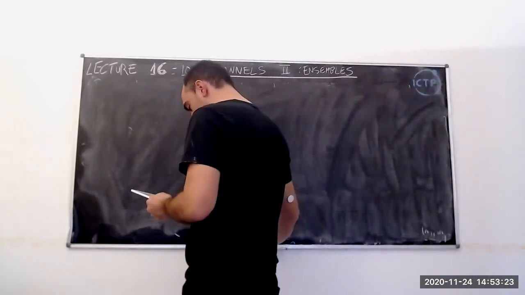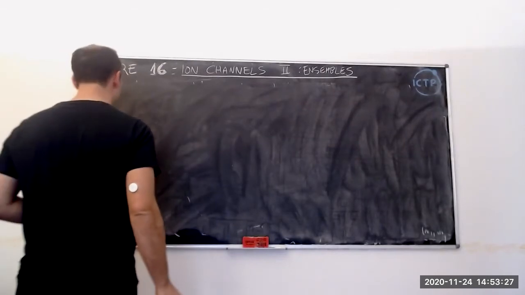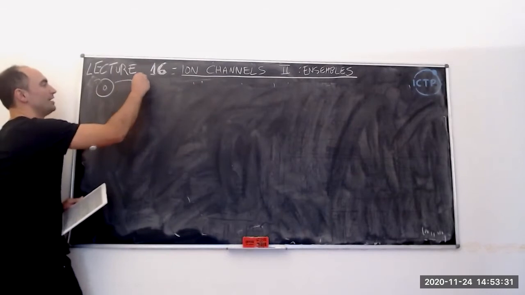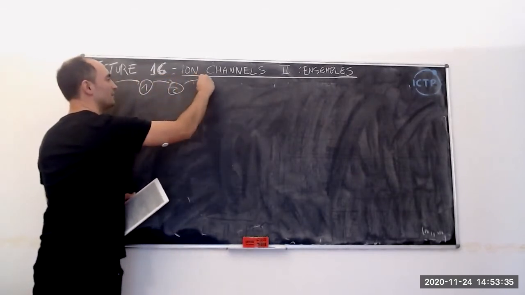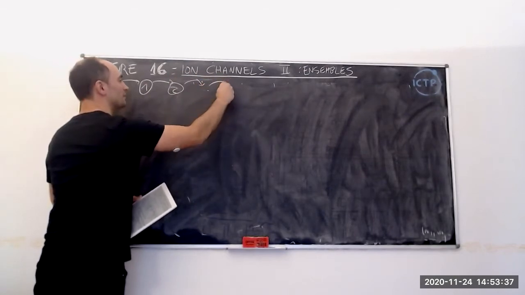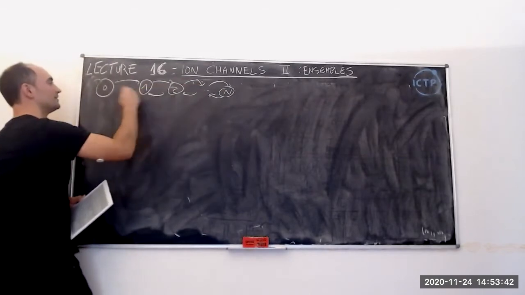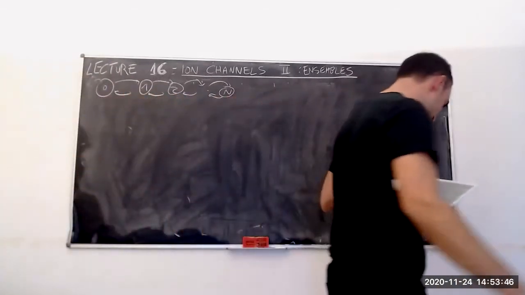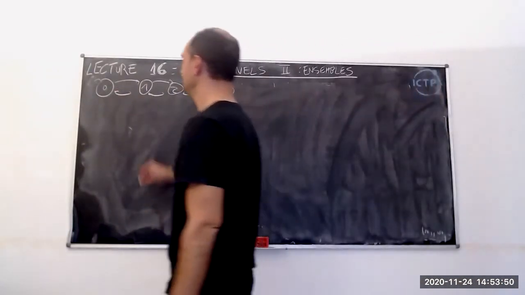So first of all, let me ask you a question. I go back to the model, states 0, 1, and you can ask: what is the current through this link?